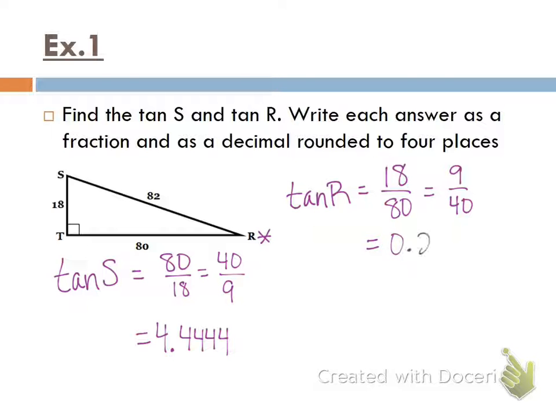Okay, so there aren't 4 places, so that's fine. 0.225. If you really want to, you could put another 0 on the end. You don't necessarily have to.